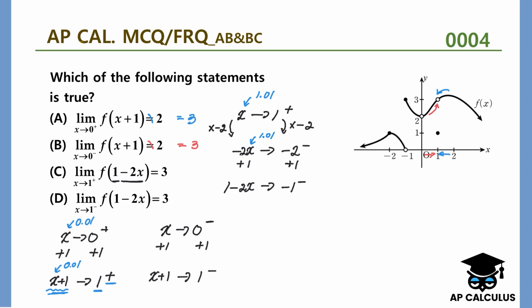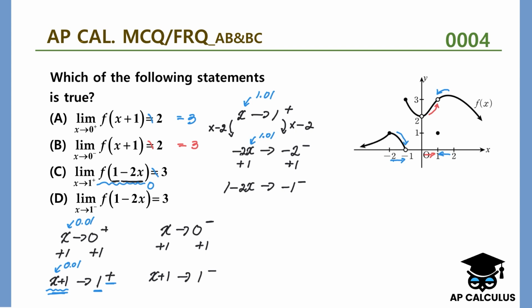So let's look at this graph right here. As 1 minus 2x approaches negative 1 from left hand side, the function approaches 0, right? So this function approaches 0, not 3.